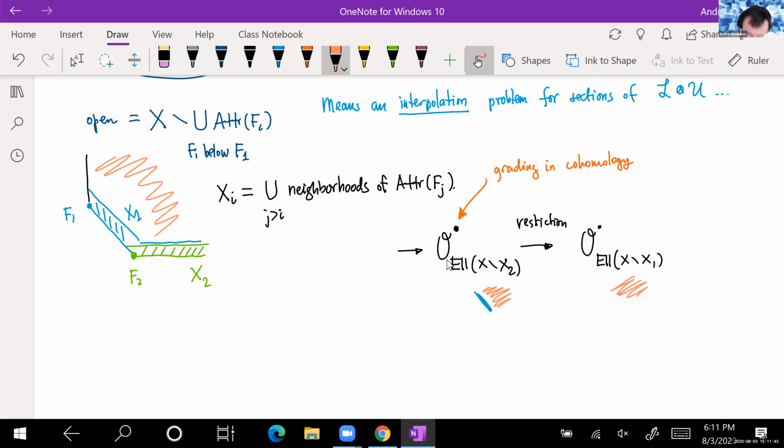The kernel of that is the cohomology of some tubular neighborhood here. So it's some Thom space, already some kind of Thom shift of the normal bundle of the attracting manifold of F1. And this will be a long exact sequence of cohomology, all graded. So this is what it looks like.